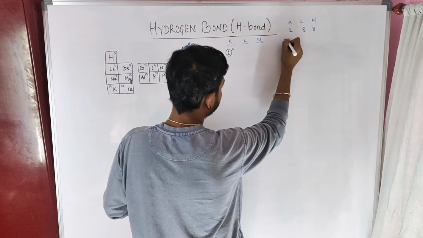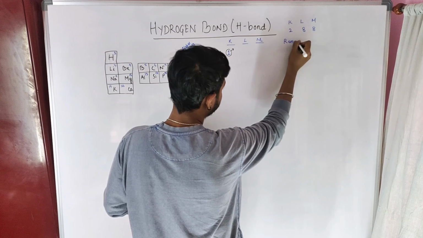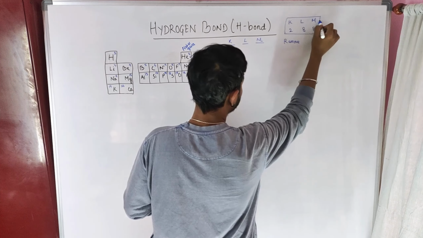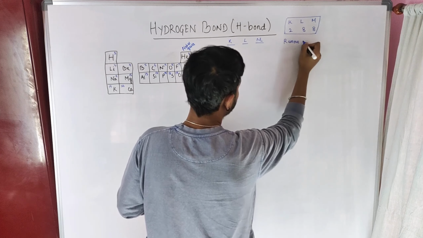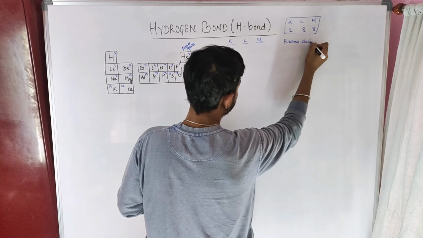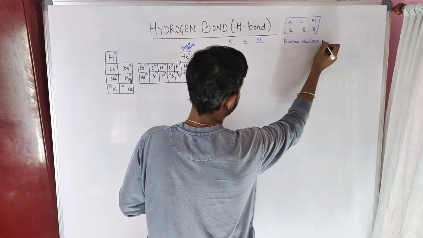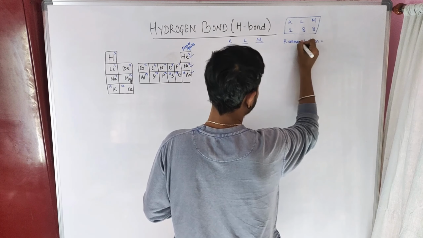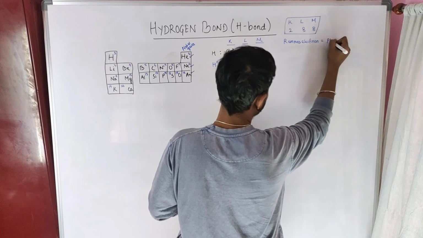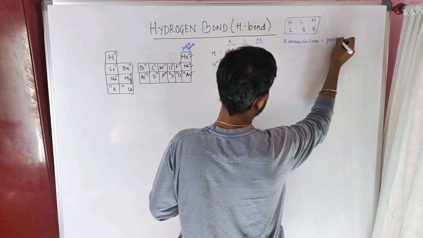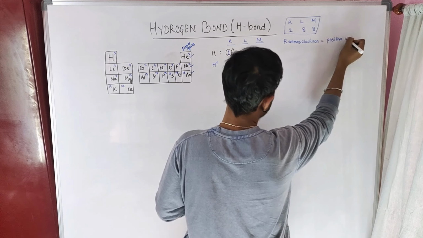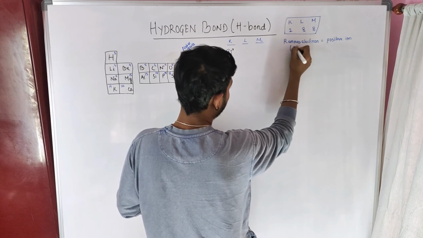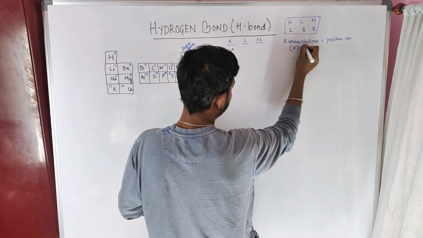So when we remove electrons, the atom forms a positive ion. Why? Because with removal of electrons, the number of protons becomes greater than the number of electrons.